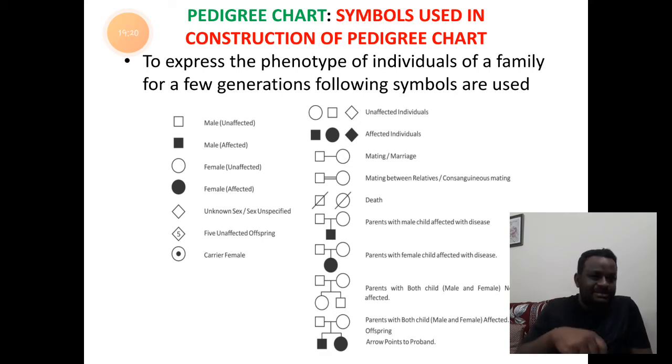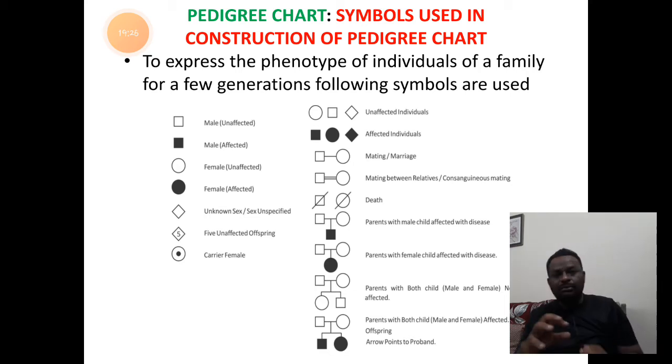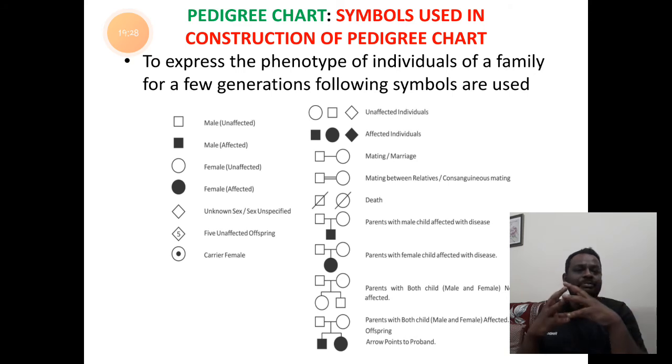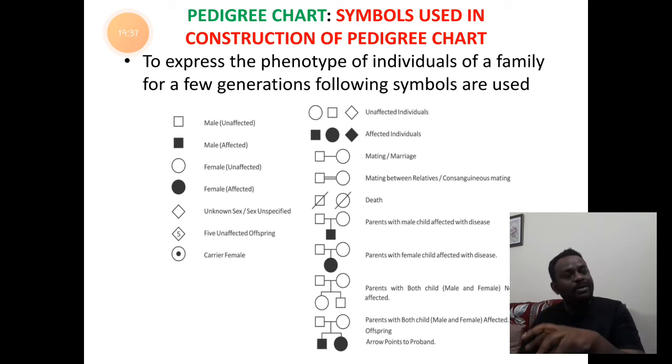The next symbol, when we look at, between two normal parents, there arise two offspring. They give birth to two offspring. One is a normal female, the other one is a normal male.